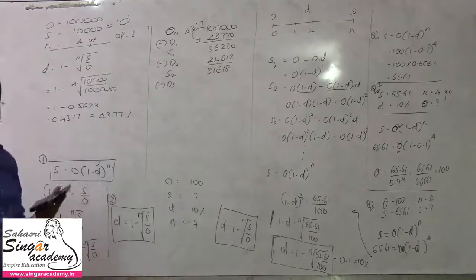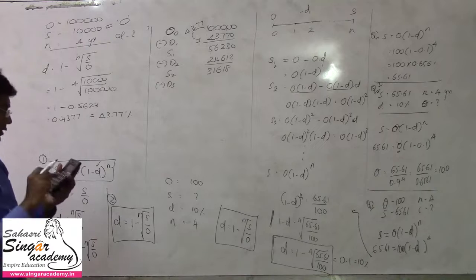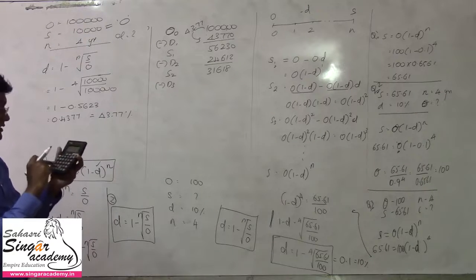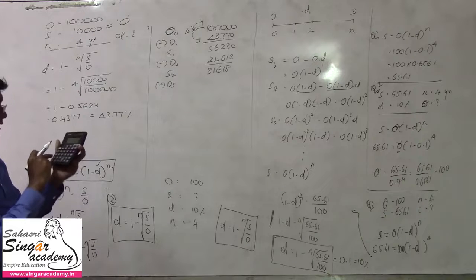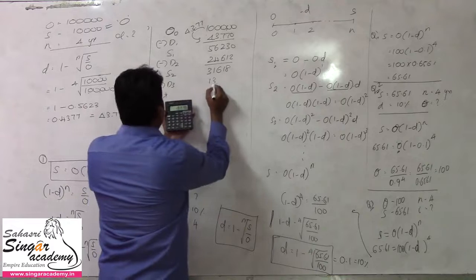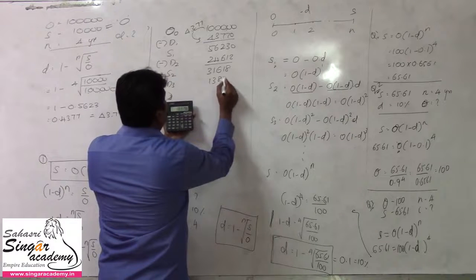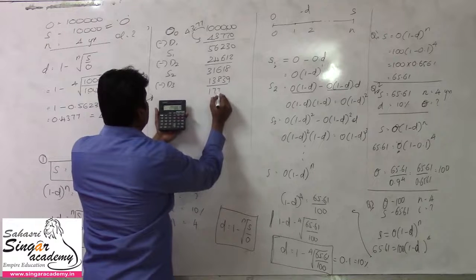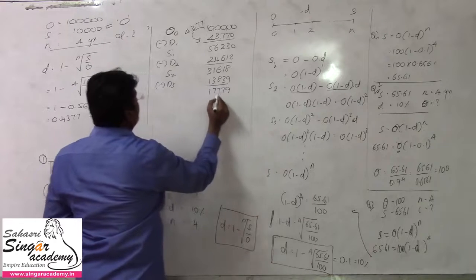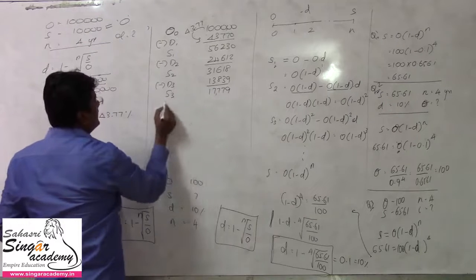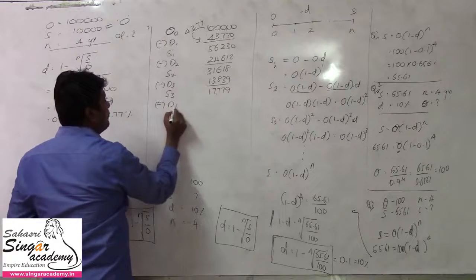For this 31,618 you have to calculate the same way. 31,618 into 43.77%, the value will be 13,839. So balance value will be 17,779. This will be the scrap value by the end of third year, minus depreciation for the fourth year.